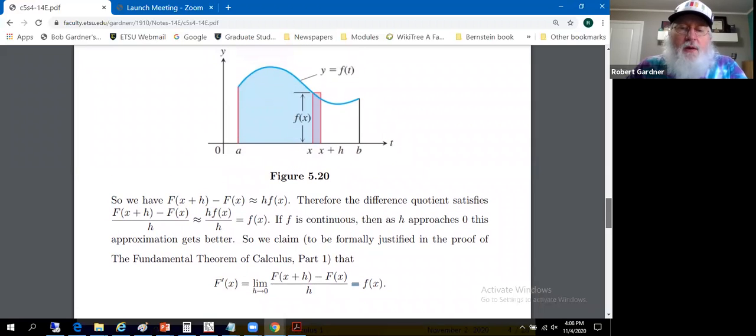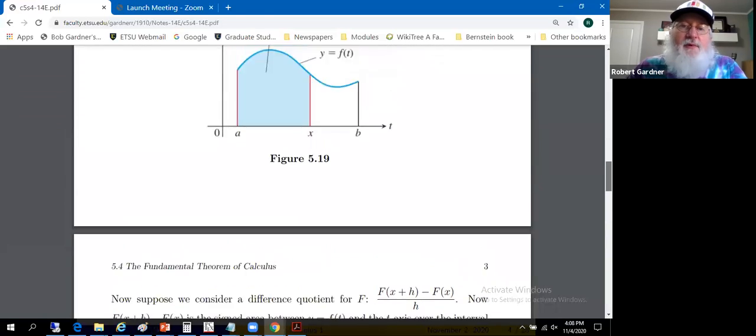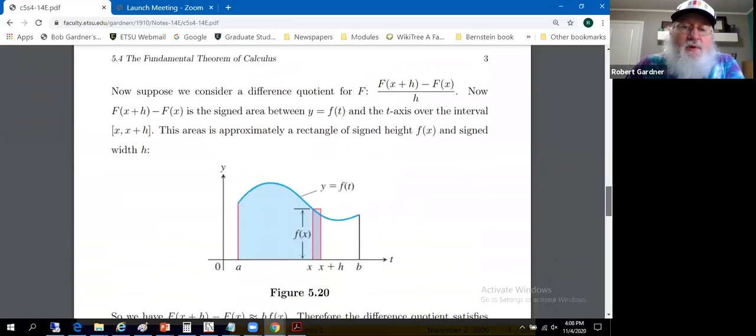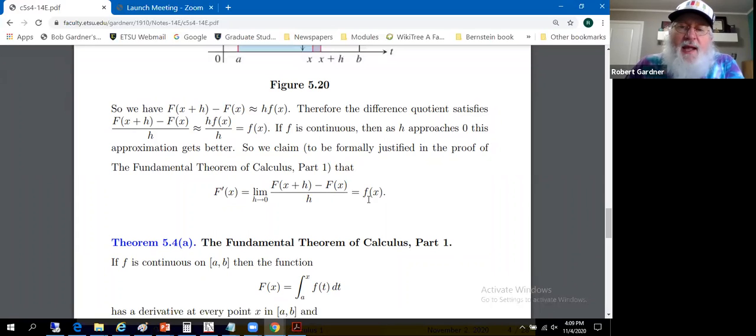So then this function that represented areas under the curve, this capital F, remember how we defined capital F, we'll need that in the proof. That was ultimately an antiderivative. Capital F, when differentiated, gives lowercase f. So an antiderivative of lowercase f must be capital F itself.